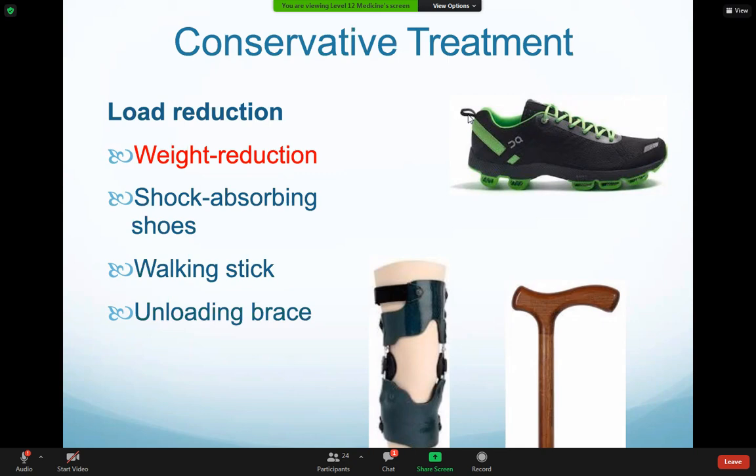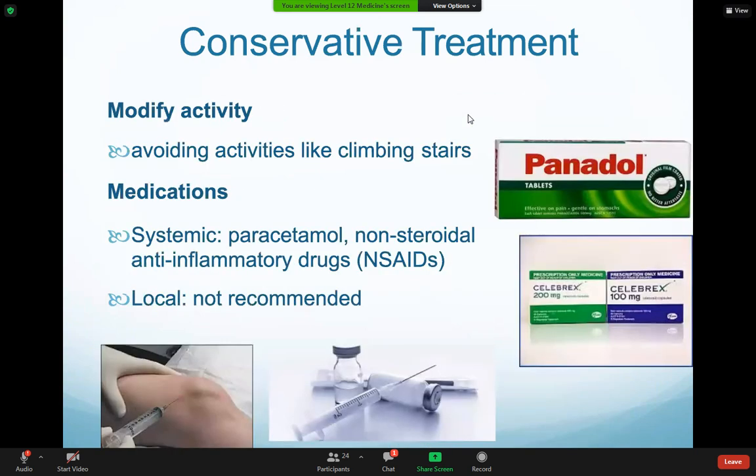We can use shock absorbing shoes. A walking stick also helps relieve stress on the joint, and sometimes we can use an unloading brace to shift the forces from the affected compartment to the less affected compartment. Modifying activity, so avoid activities like climbing stairs, and medications for pain control.